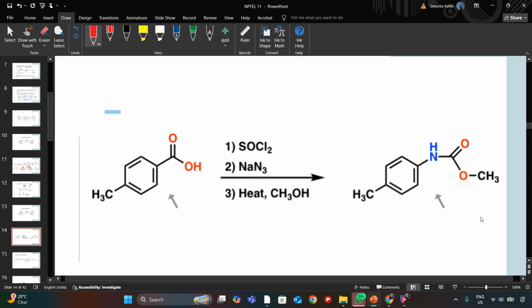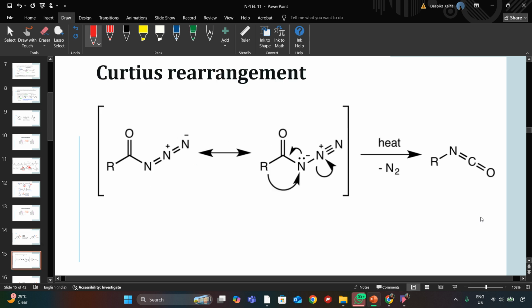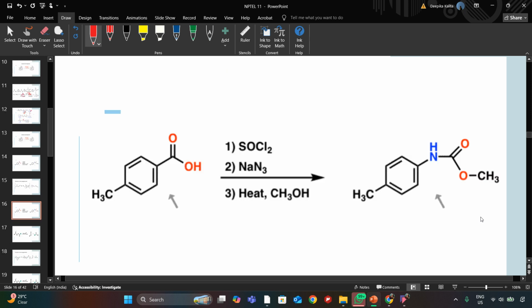This question follows the Curtius rearrangement mechanism. Let us look at the typical reaction mechanism, how this reaction takes place.